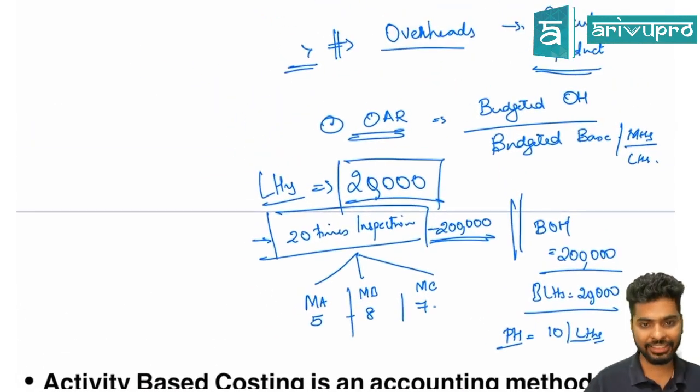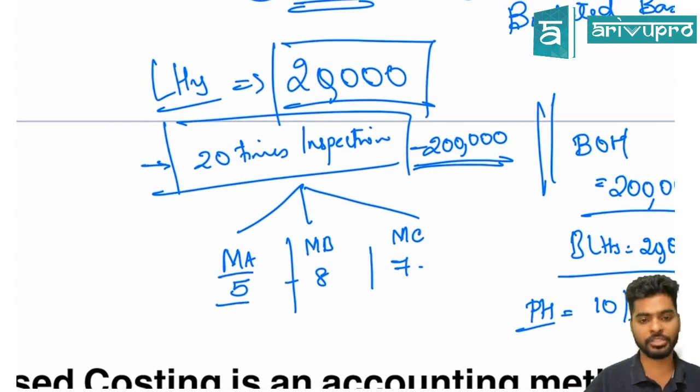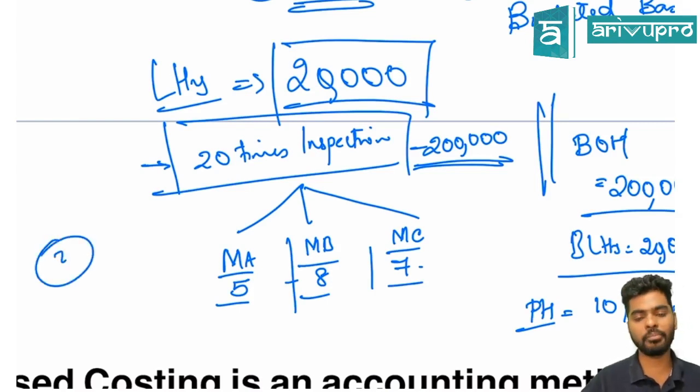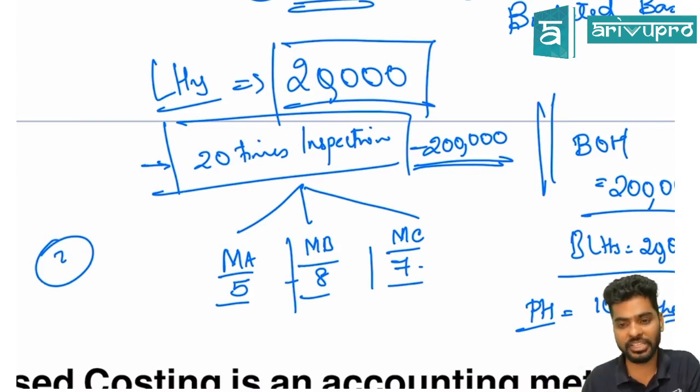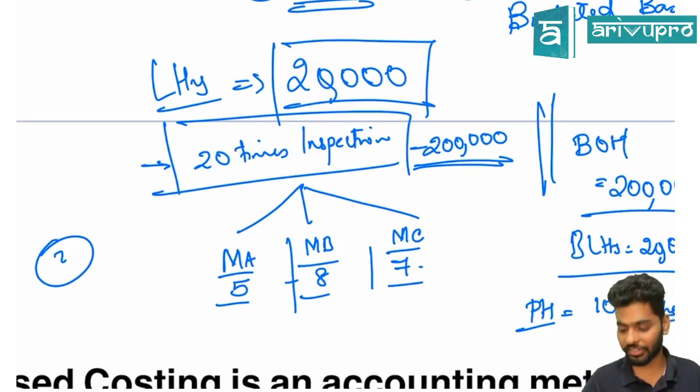Now, what activity based costing says is, when I know that machine A has done 5 inspections, machine B has done 8, and machine C has done 7, the number of inspections is my driver. That is why the inspection cost came in. It is not based on the number of labor hours or other things. It is based on the number of inspections done. So instead of traditionally following just the labor hours, why can't I take an activity and drive the cost with it?